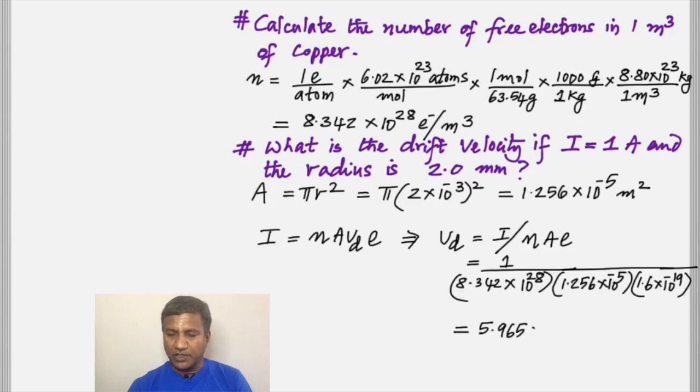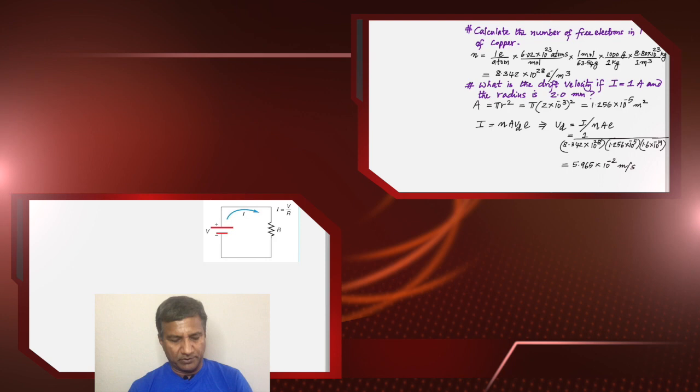Then the area we just calculated, and then you also have the charge of an electron. When you plug in all those numbers and calculate, we get the drift velocity as 5.965 times 10 to the negative 2 meter per second. So you can see that the drift velocity is really a small number.